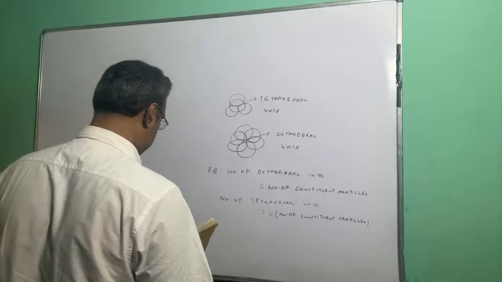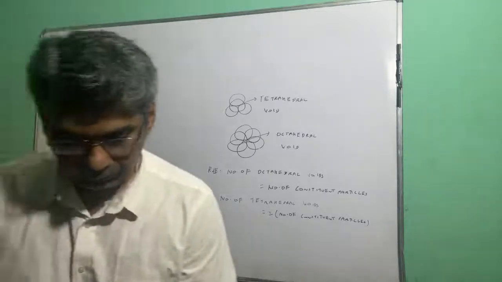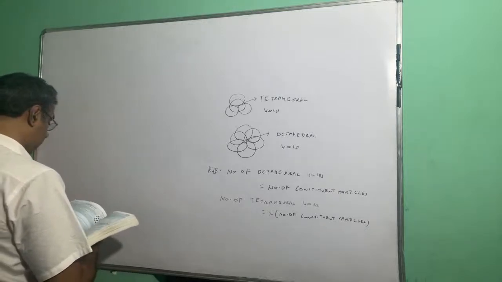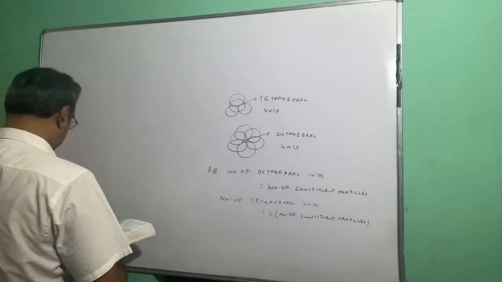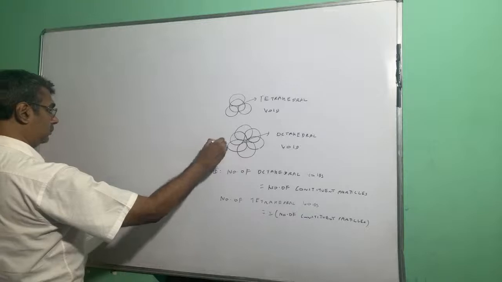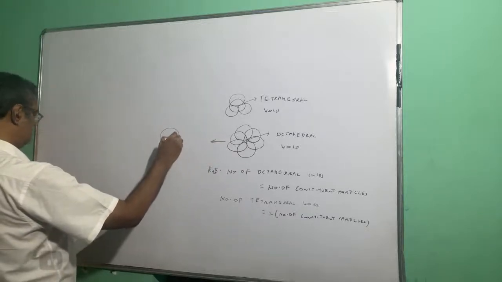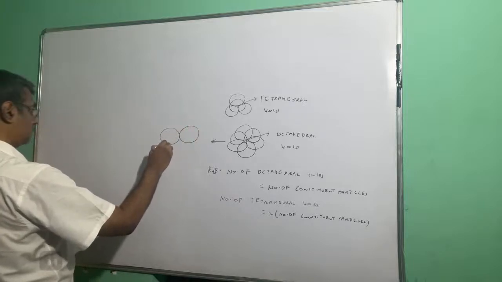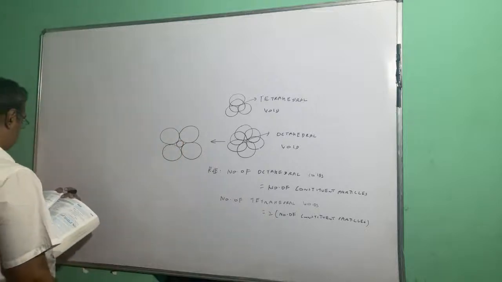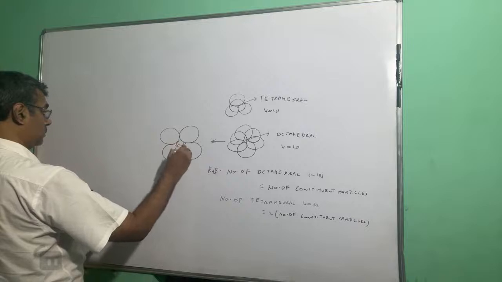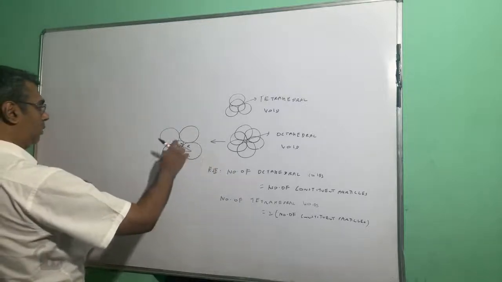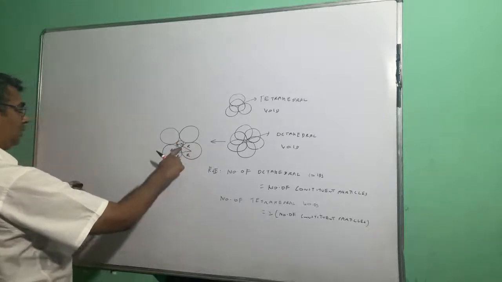Now, regarding the size of the void. For octahedral void, I have drawn the four spheres at the bottom, and one sphere of small radius r.